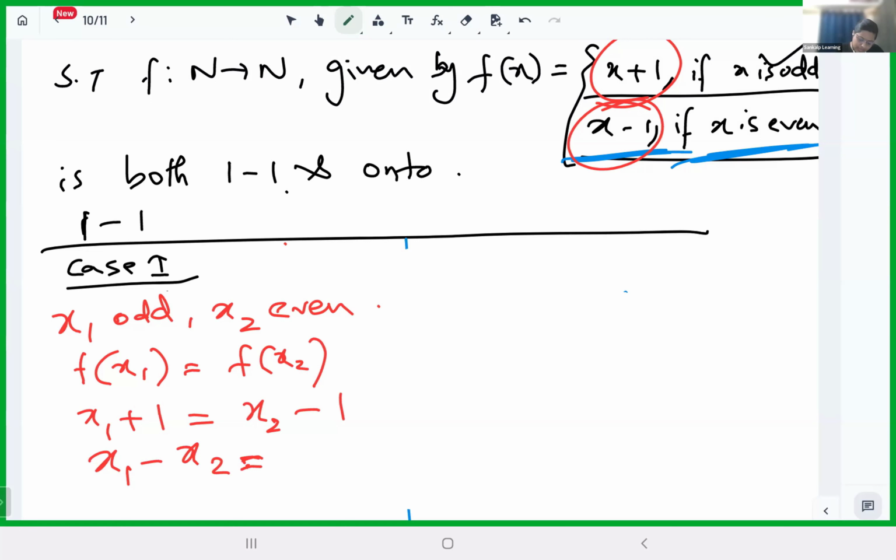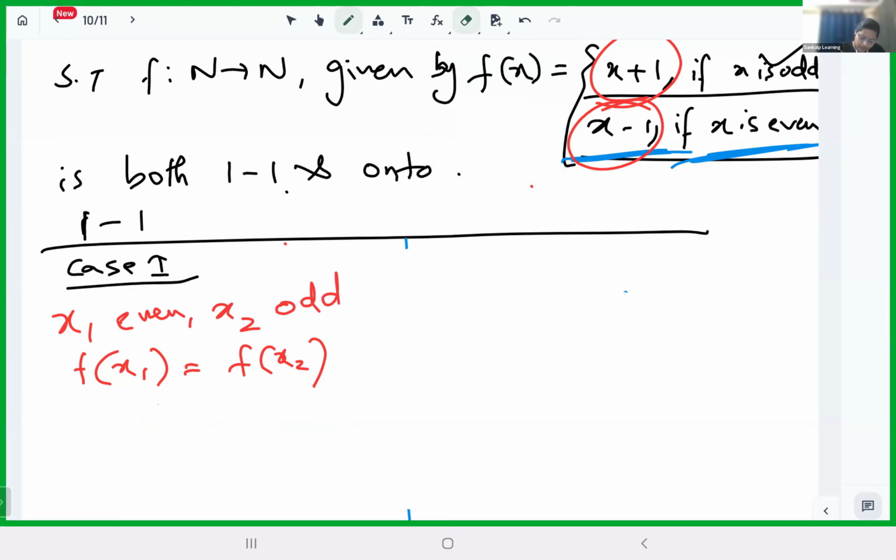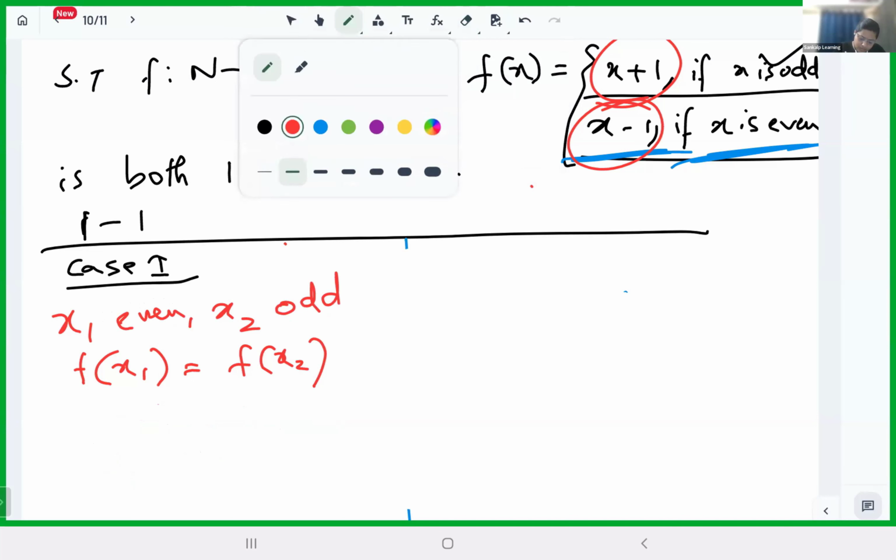Here you can also take x1 as an even number and x2 as an odd number. What happens to f of x1?